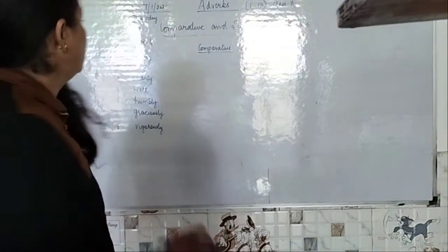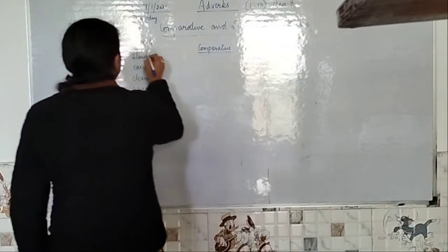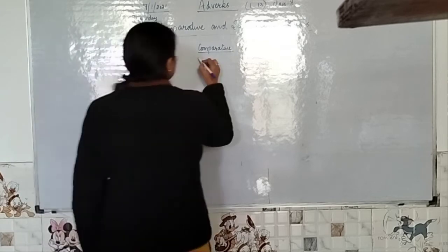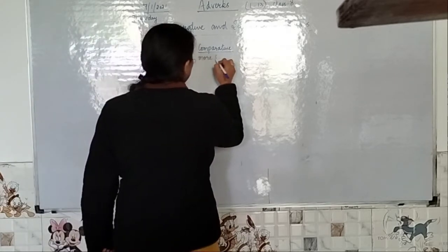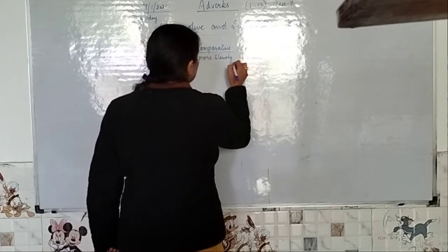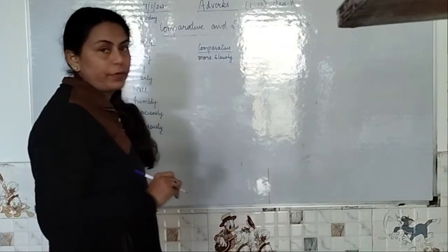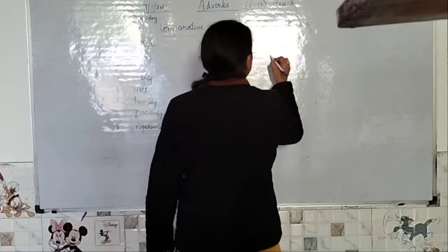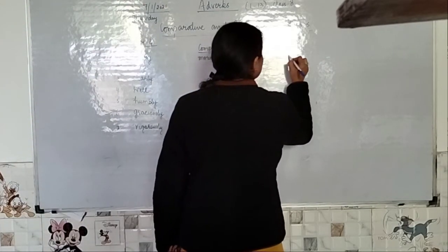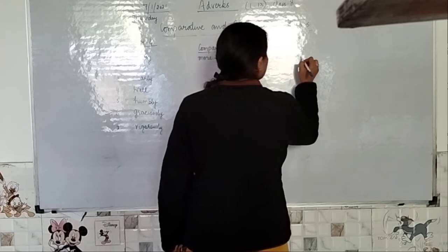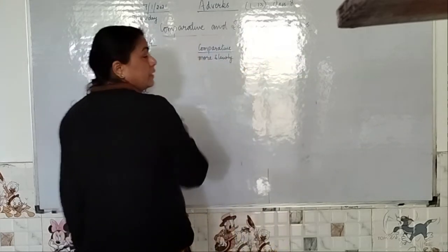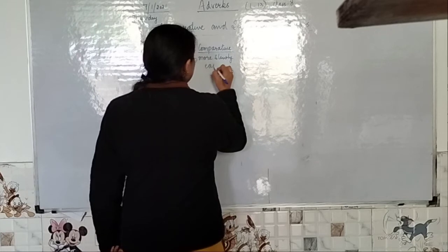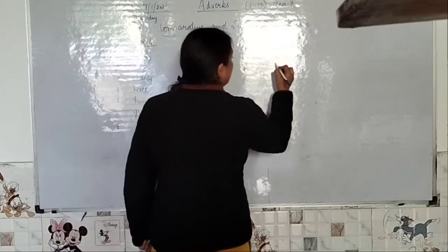Comparative and superlative degrees. Slowly: more slowly, because we will not use slower, no, most slowly. Easy, easier, easiest.